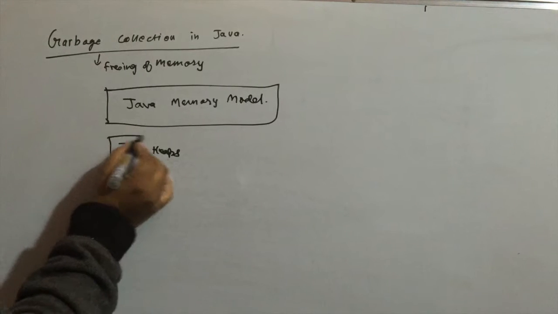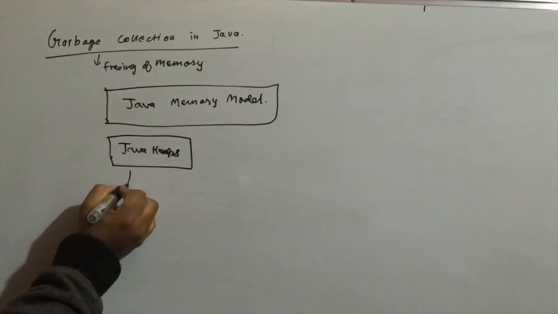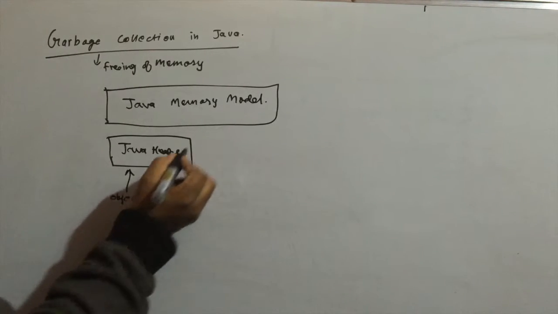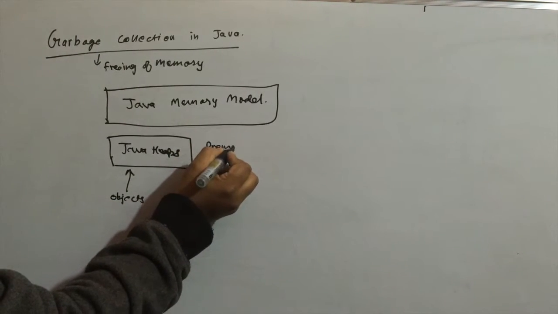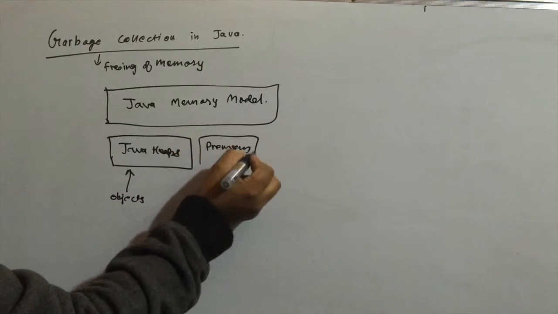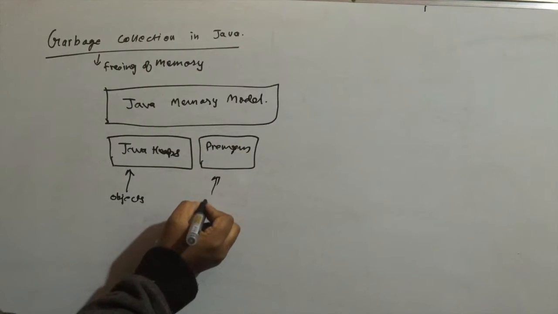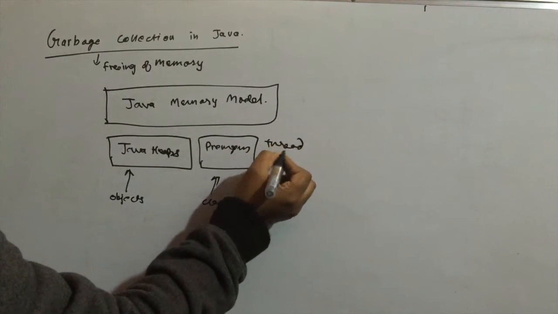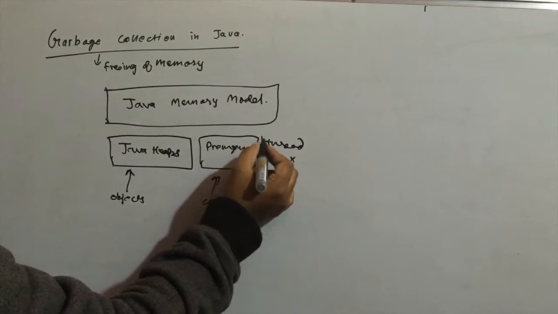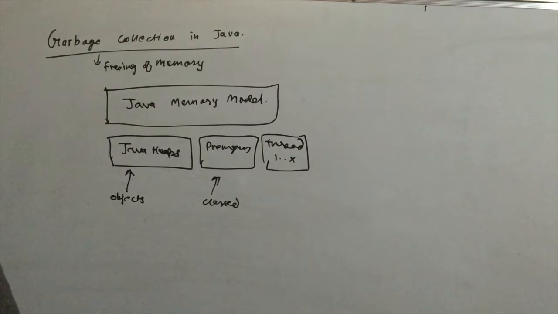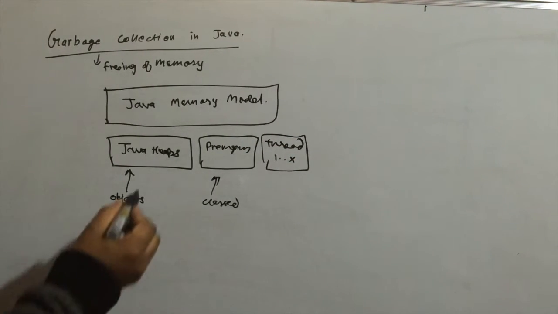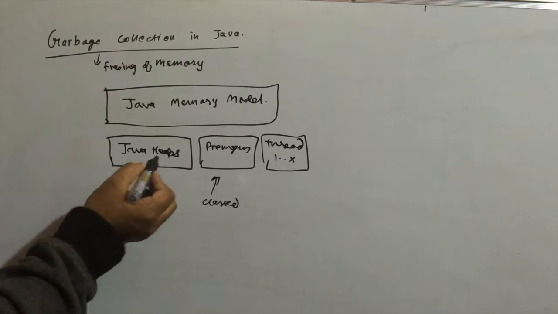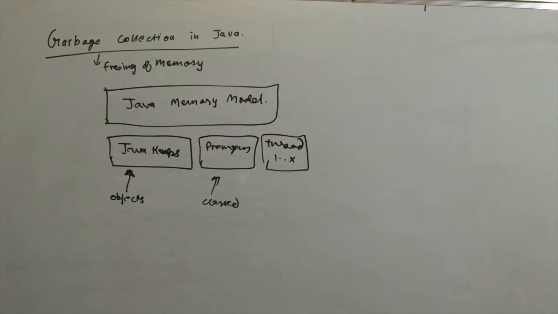All the objects created are stored in the Java heap, along with all classes and class variables. And there is thread. So all the objects are kept in the Java heap. We'll talk more about it in detail later.